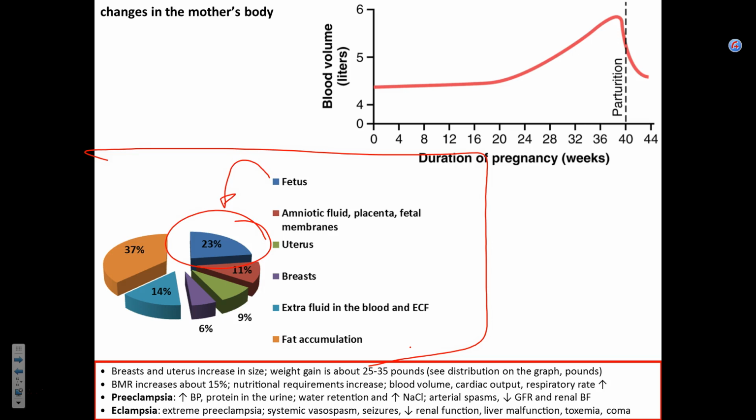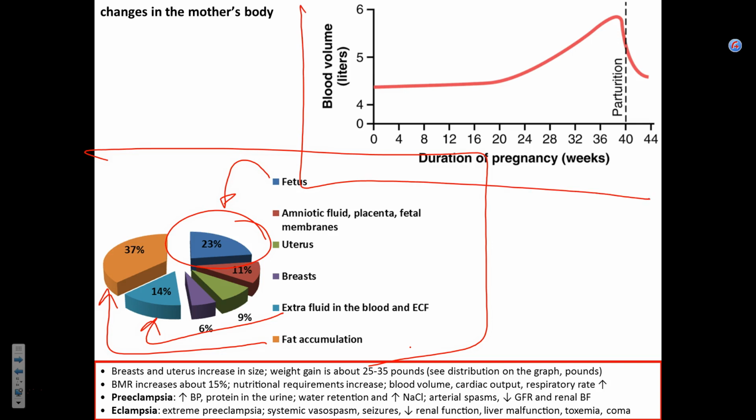About a third is accumulation of fat. And 14%, one seventh, is increased volume of fluid in the system, like increased volume of blood and increased volume of extracellular fluid.